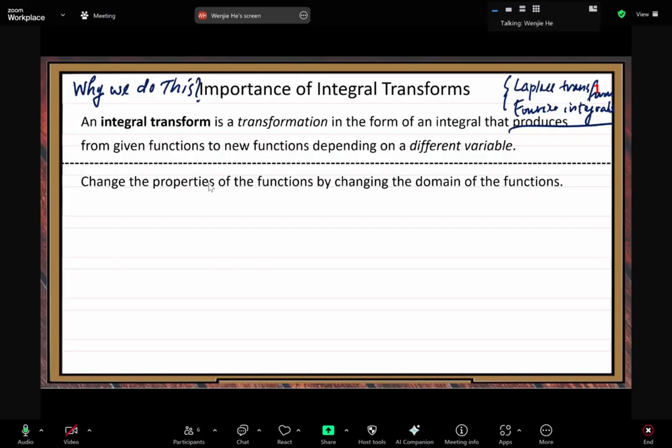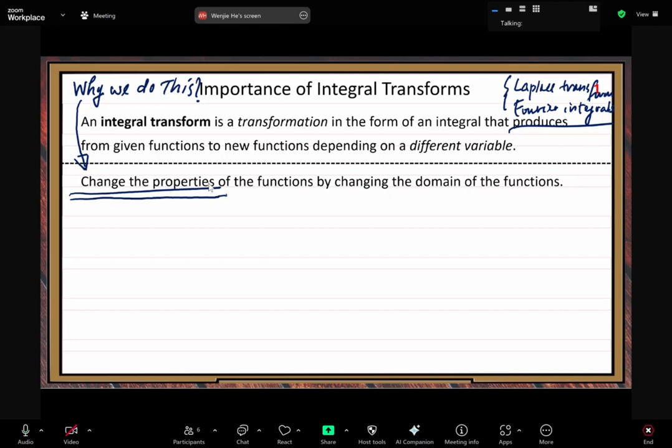The answer is very simple. This sentence is the answer, because we want to change the properties. Why do you want to change the properties? Because if we use the older properties and do not change, we get stuck. We don't know how to proceed.